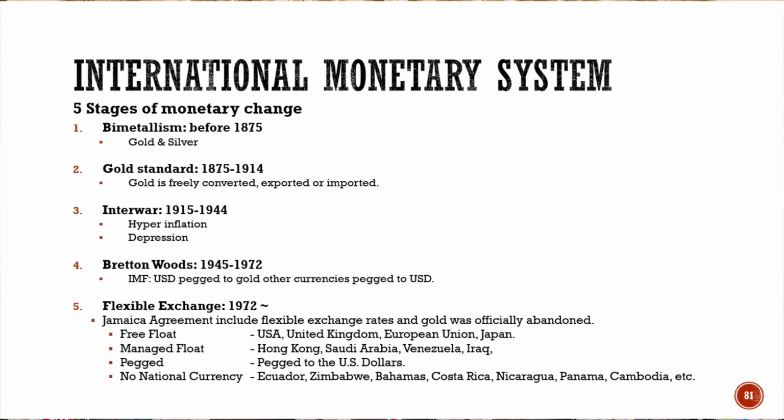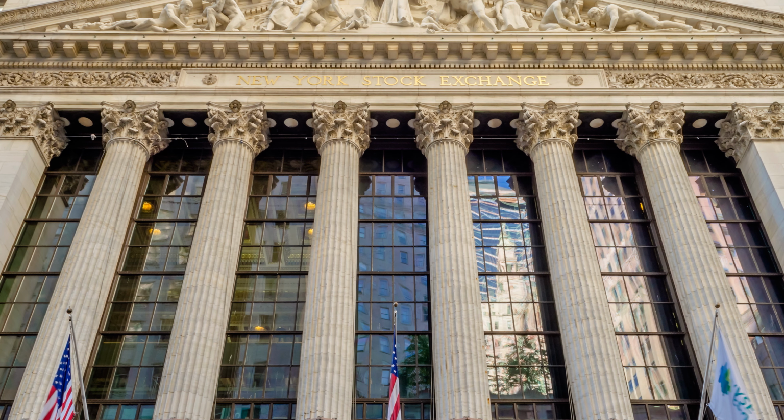But the interesting part is that some nation states decided not to have their own currency, such as Ecuador, Zimbabwe, Bahamas, Costa Rica, Nicaragua, Panama, Cambodia, and so on. And lots of currencies have simply adopted either the US dollar, the British pound, or now even the euro.